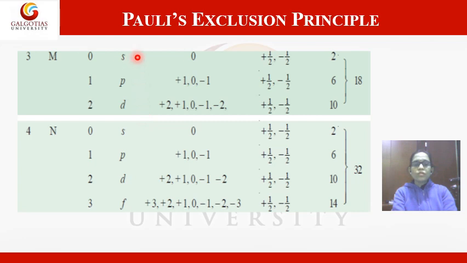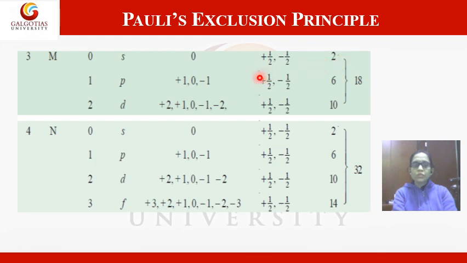For the 3s orbital, n is equal to 3, l is equal to 0 and m is also 0. So all 3 quantum numbers are similar for the 2 electrons, and the spin quantum number is different. The 3s orbital can accommodate 2 electrons, one having plus half spin and the other minus half spin.